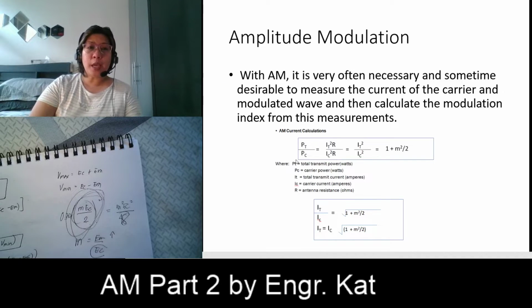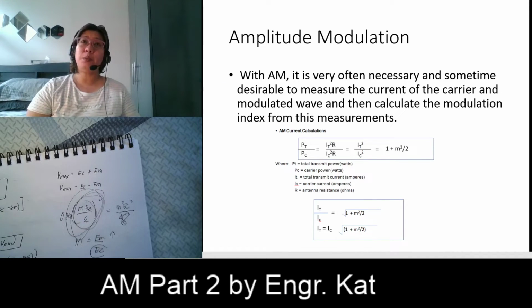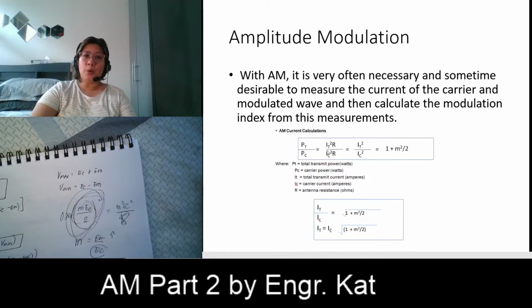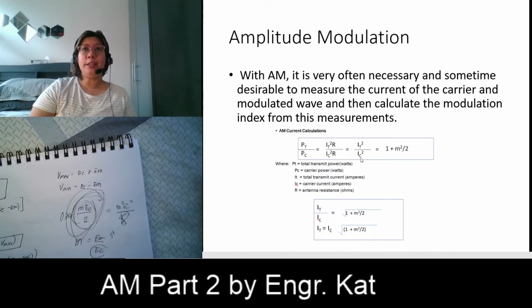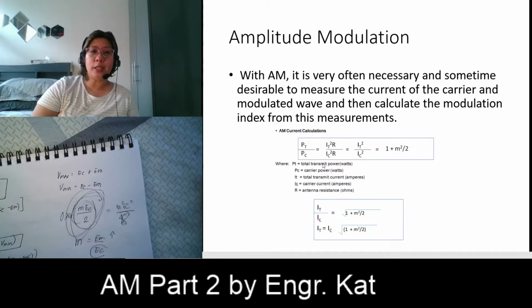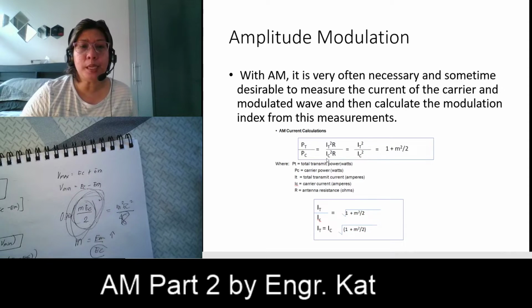For AM current calculations, the total transmitted power is equivalent to the total current squared multiplied by R. So this is your power formula in relation to current, and then we have your PC.